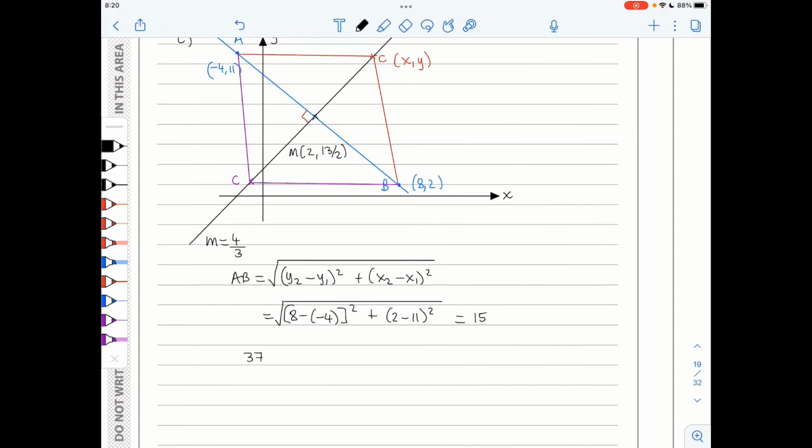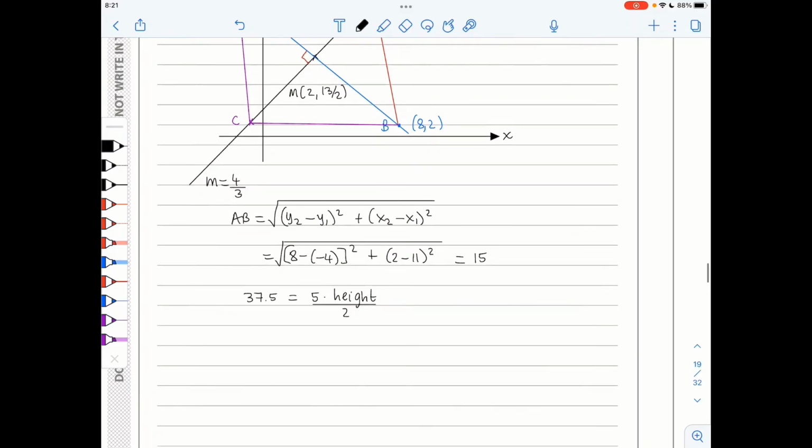The area of the triangle is 37.5, which is the base of 15 times the height over 2. I will cross multiply to get 75 is 15 times the height. So the height is 5.